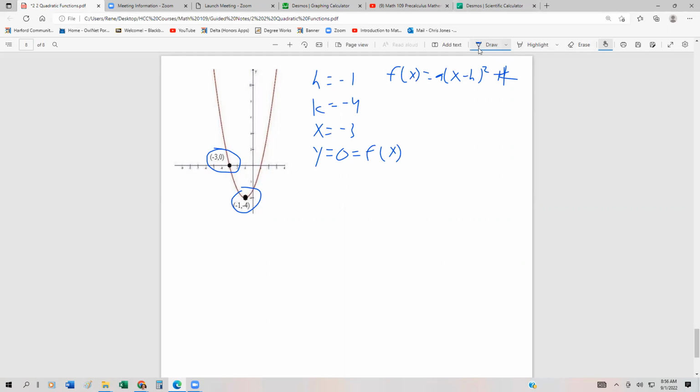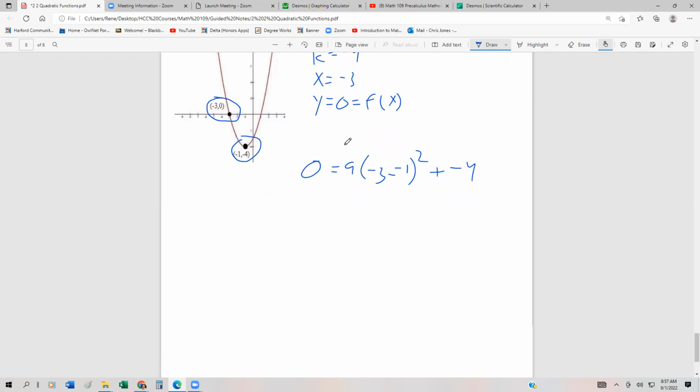That's going to give us 0 is going to be equal to a times (x minus h), so that's going to be -3 minus -1, squared. Remember, (x minus h) squared, and then plus k, plus -4. Now what I'm going to do is add 4 to both sides.